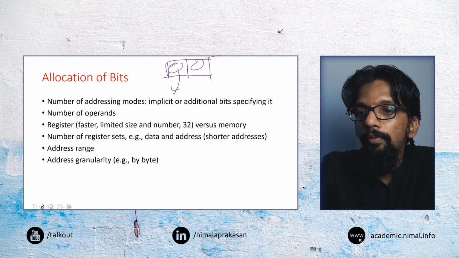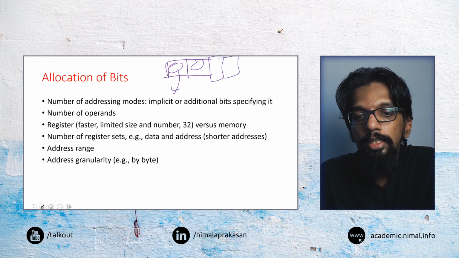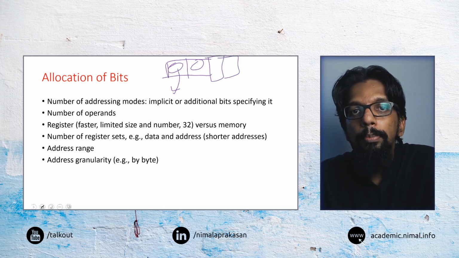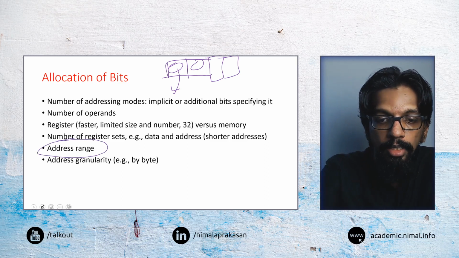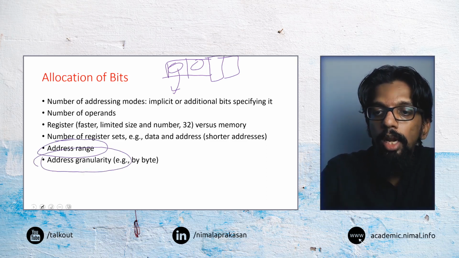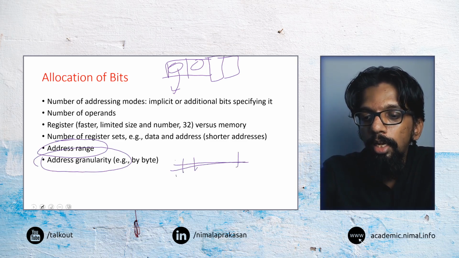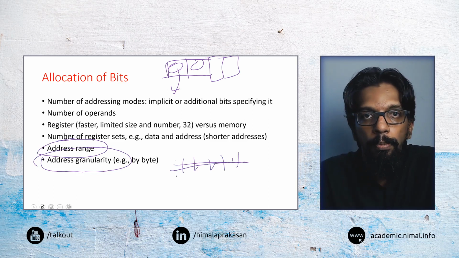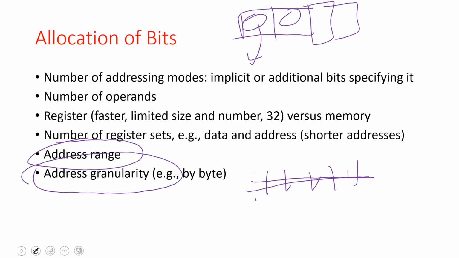Then if we have 2 operands, 3 operands or 4 operands, that will decide again how many bits are needed. Address range or address granularity will again dictate how many bits need to be allocated for that particular part of the operand.